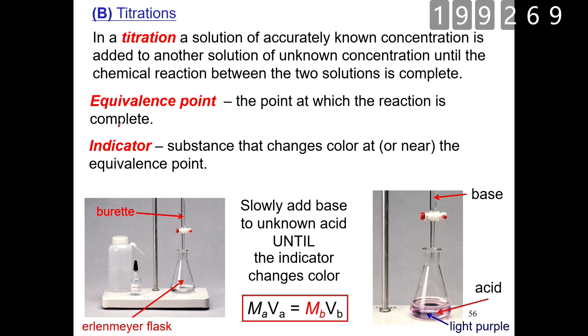After it arrives at the equivalence point, the color will change from colorless to purple. When the color changes to purple, it means the reaction is complete. We just add some indicator into the system, and when the reaction is complete, the color of the indicator changes from colorless to purple.